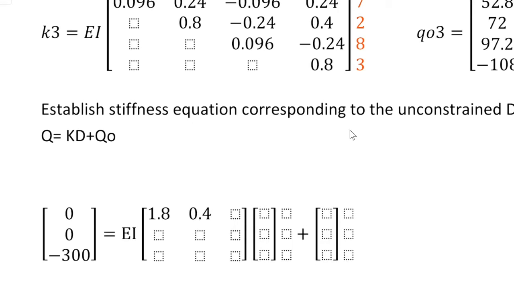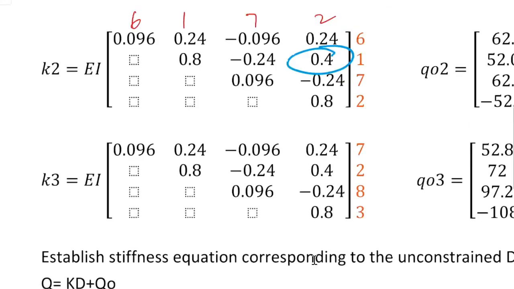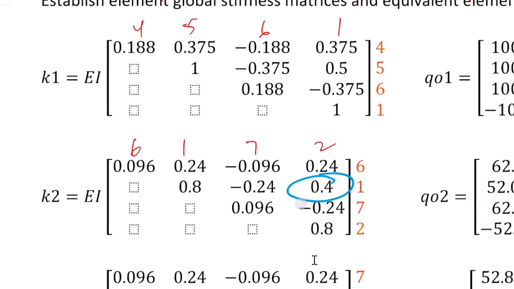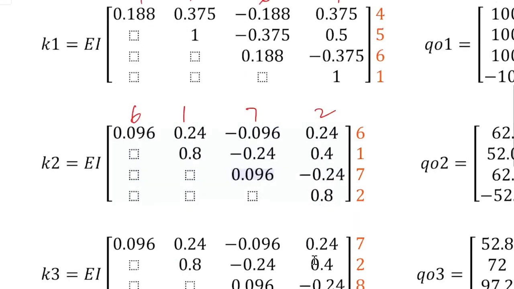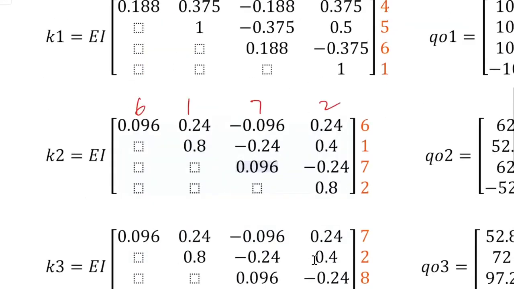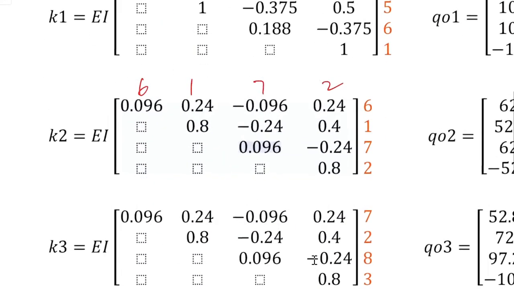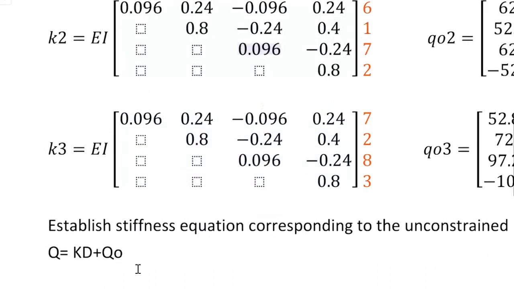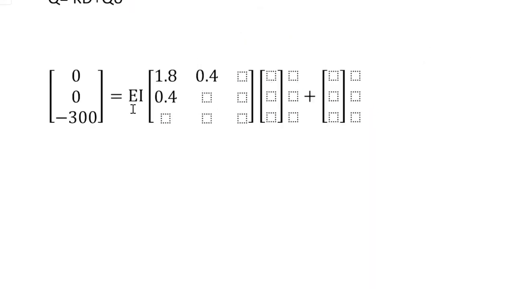And next is 1,3 and 3,1. Let's find where they are. There is no 13 inside K1, K2 and K3, so the value is 0 for 1,3 and 0 for 3,1.